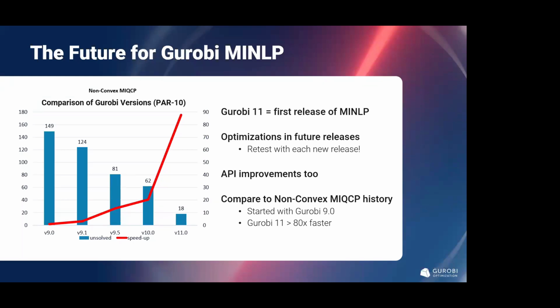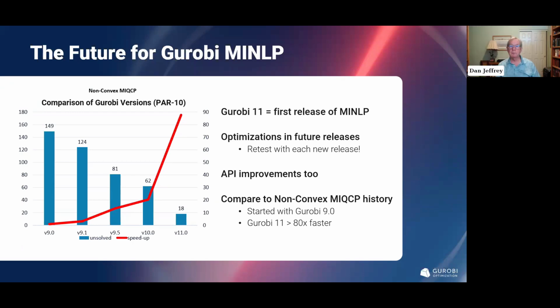Thanks, Dan. There's now a question about determinism. The user would like to know if, when running Gurobi multiple times on the same MINLP, you would be getting different solutions, or if the solution's always globally optimal. Always globally optimal.